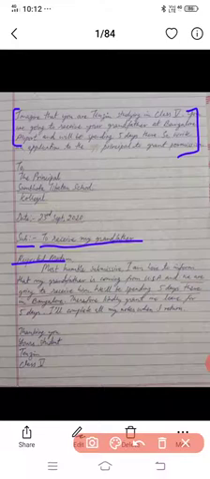So therefore, kindly grant me leave for 5 days. I'll complete all my notes when I return. Okay, so this is the reason that you have written here. This is also called the body of the application letter. It is also called the body of the application letter.